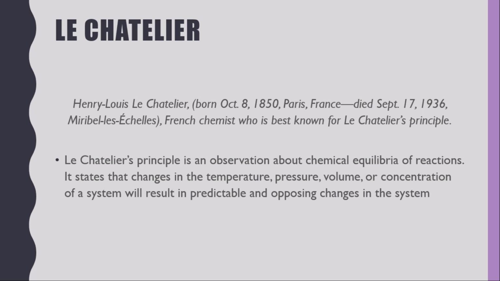It states that a change in the temperature, pressure, volume or concentration of a system will result in predictable and opposing changes in the system in order to achieve a new equilibrium state. Le Chatelier's principle can be used in practice to understand reaction conditions that will favor increased product formation.